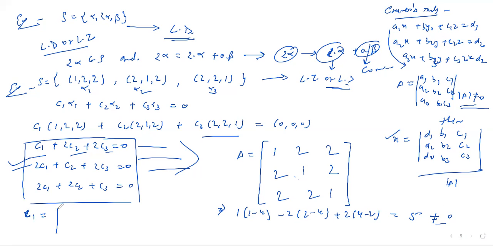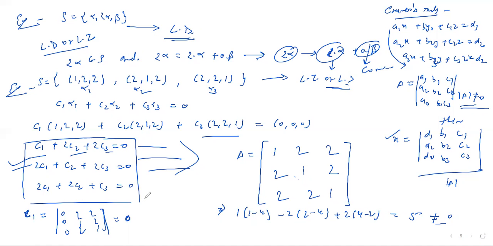If I find the value for this, then the determinant, which is this part, would become 0, 0, 0, 0, 0, 0, 2, 1, 2, 2, 2, 1. As the whole column is 0 here, the determinant of this would become 0.